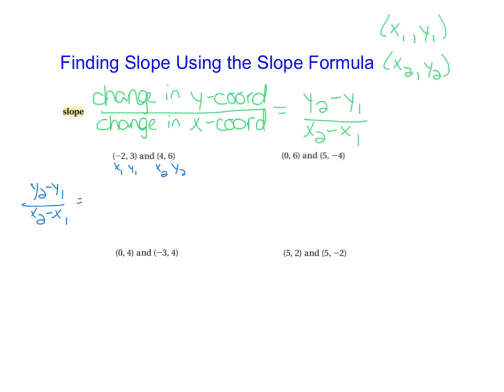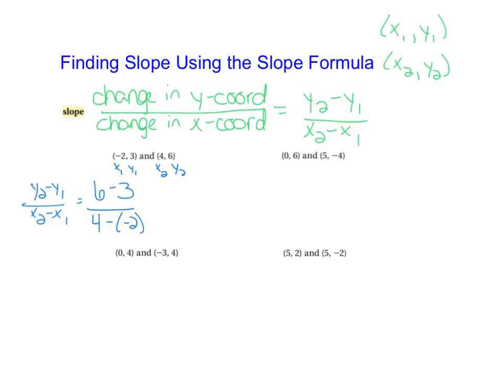Now we're going to substitute. Here's the issue. This involves subtractions and negatives, which give us trouble. So be careful. So, let's see, I've got 6 minus 3, that's y2 minus y1. I got them from right here. Y sub 2 minus y sub 1 over x2, which is 4, minus x1, which is negative 2.